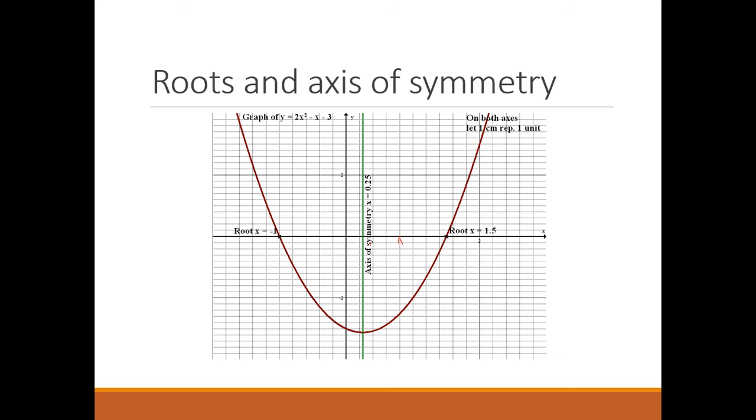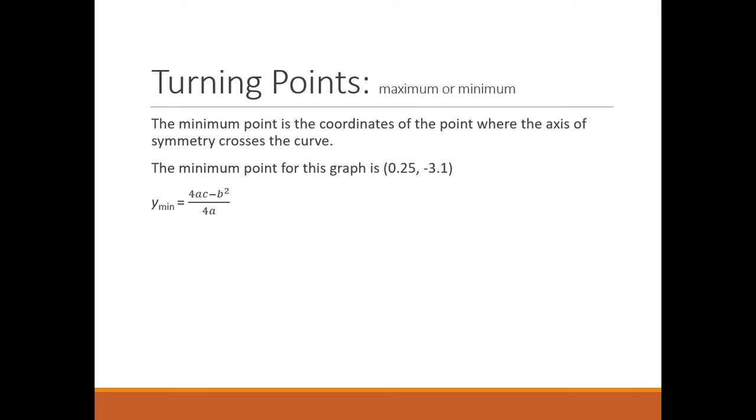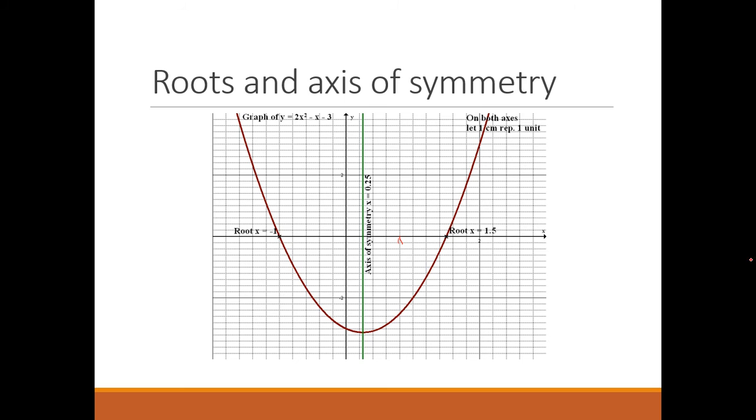We haven't found our y min as yet, but let's apply the formula in finding our y min. It's the same formula when we're finding the minimum point of y. So let's look at this. This is our graph, right?